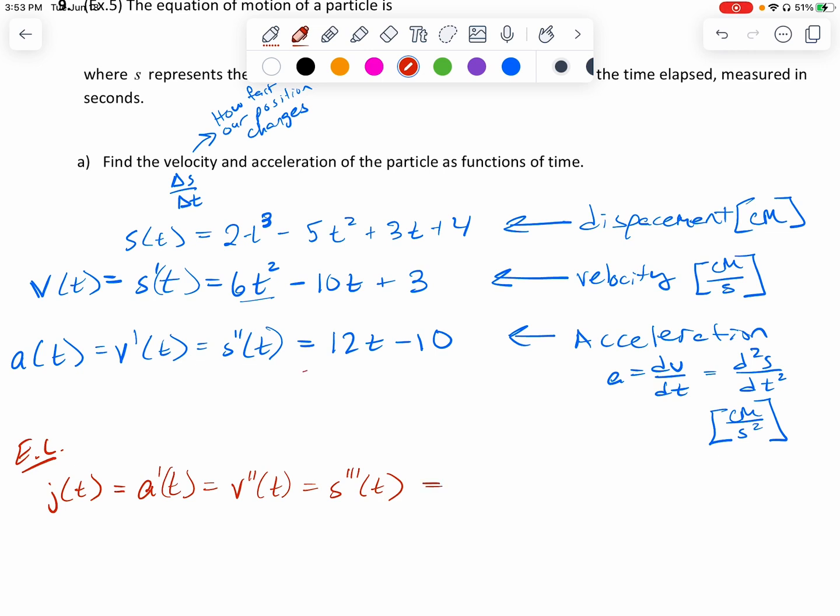And I would just kind of look at my most recent function, the acceleration function, and I've already taken the position function twice to get here. So to get the third derivative of this position function, I take the derivative of this, which is just 12. So a little bit of a jolt. Jerk, sorry. 12, I think that would be centimeters per second cubed. It's called jerk, not jolt, sorry.